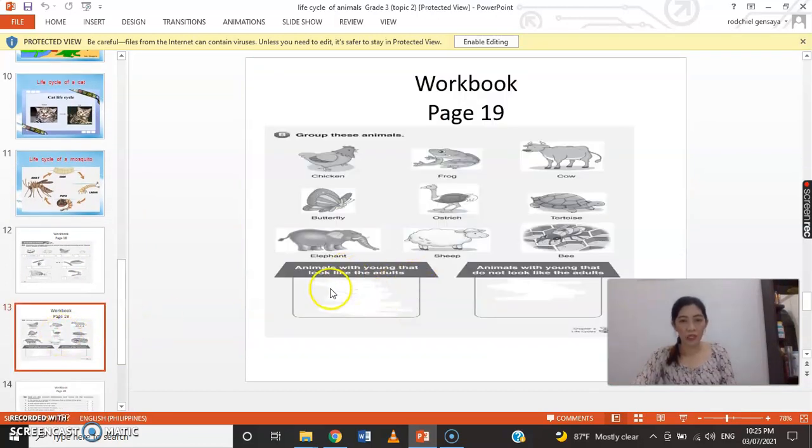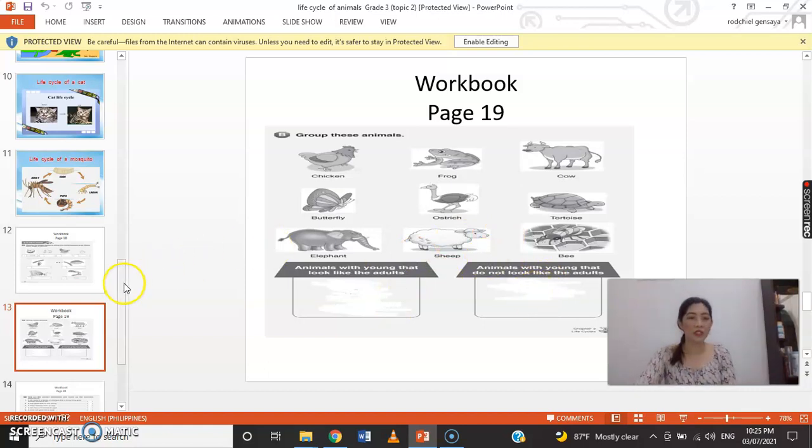So animals that look like, you have 1, 2, 3, 4, 5, 6. Looks like we have 6. Do not look like we have 3 only. So again, 6, and do not look like is only 3.